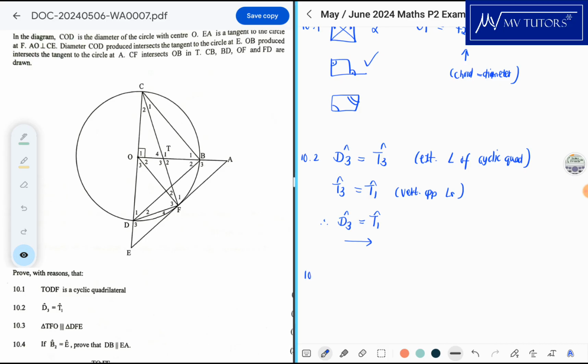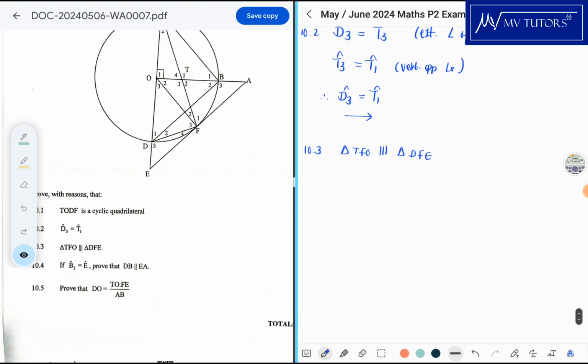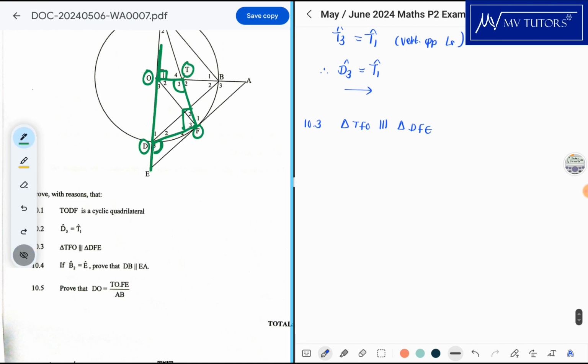Okay, now 10.3. Prove with reasons that triangle TFO is similar to triangle DFE. Alrighty, so I am just going to remove everything from here.